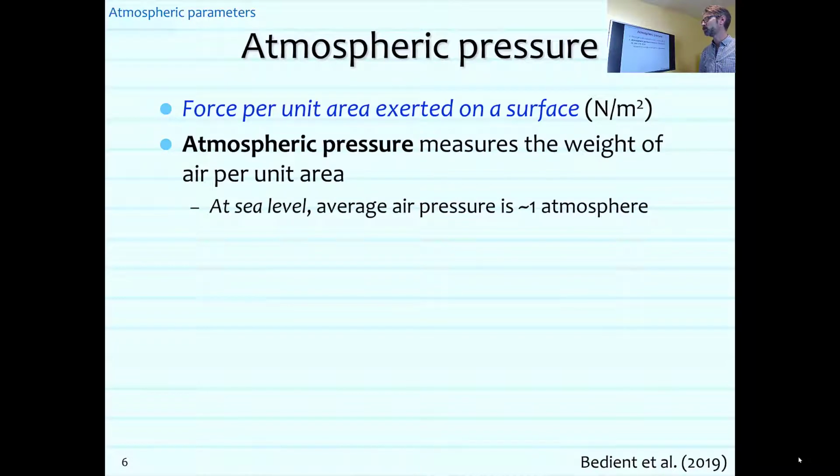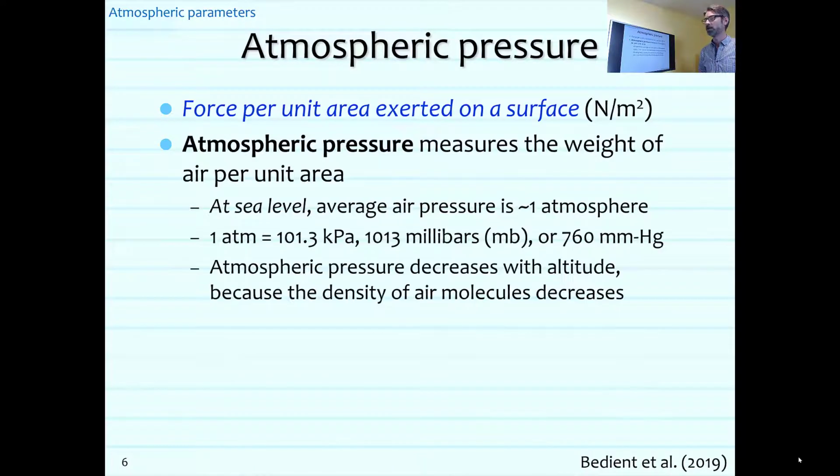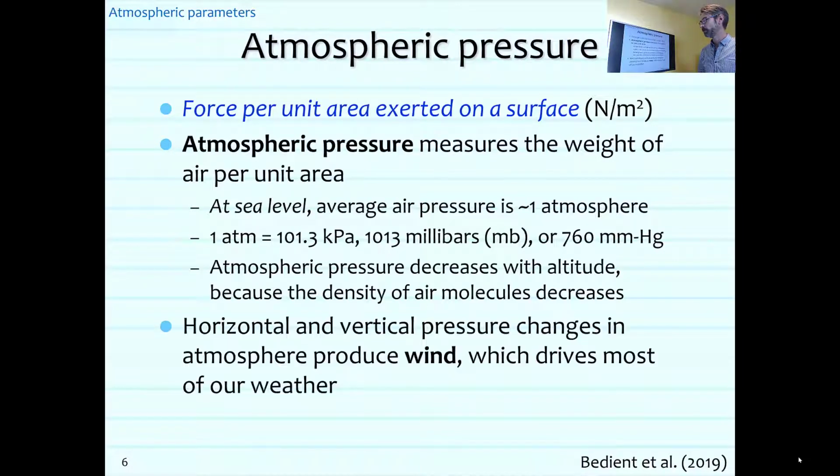Atmospheric pressure measures the weight of air per unit area, and so at sea level, the average air pressure is about 1 atmosphere. 1 atmosphere, measured in units of pressure, is 101.3 kilopascals, or in millibars, 1013 millibars, or in millimeters of mercury, 760. Atmospheric pressure decreases with altitude because the density of air molecules at elevation decreases.